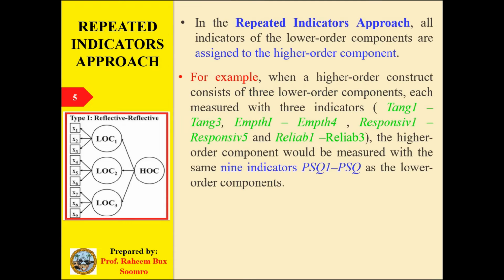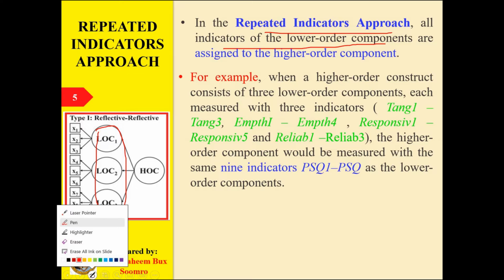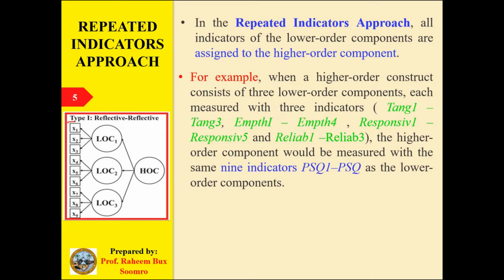Now what is a repeated indicator approach? Simply, it means we are repeating the indicators of the lower order components. For example, these are our lower order components, and what we are doing is assigning the indicators of all the lower order constructs to our higher order construct.